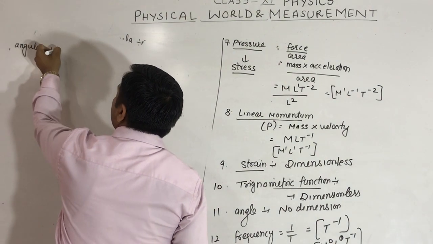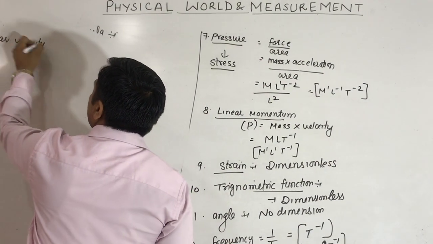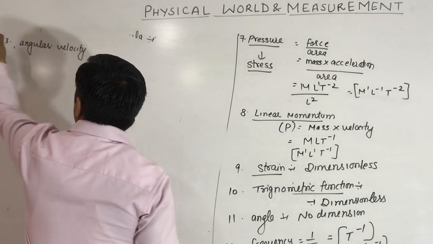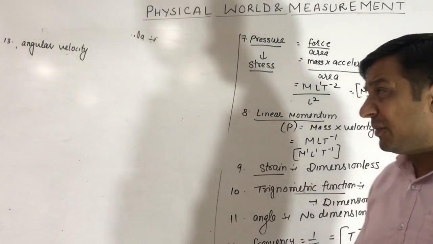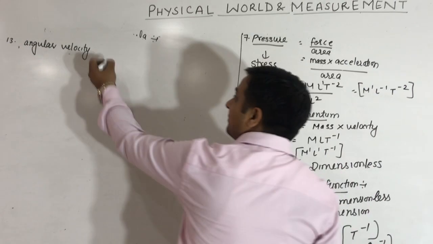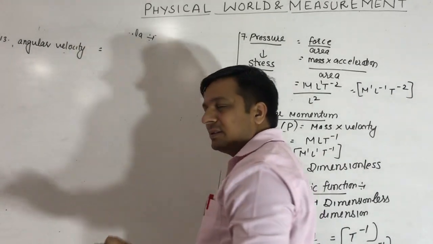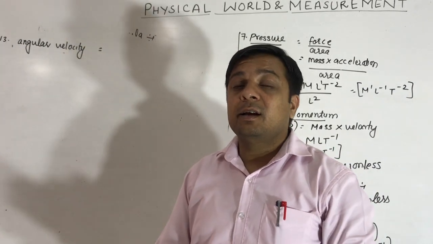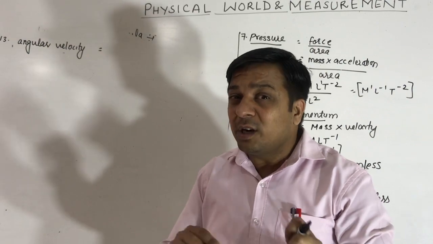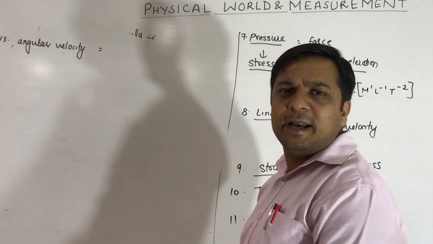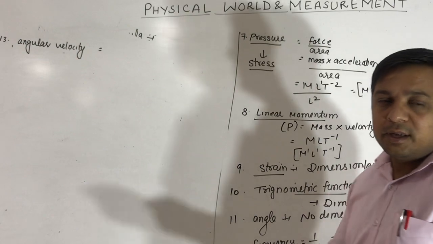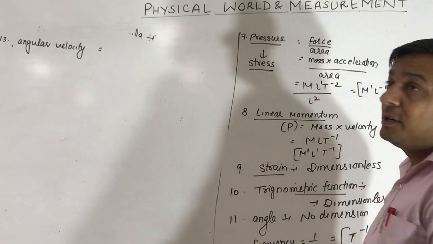Angular velocity is angle upon time. We call the angle angular displacement. What is angular displacement? The angle traced by the vector is called angular displacement.